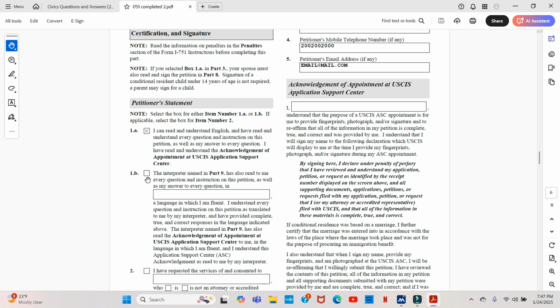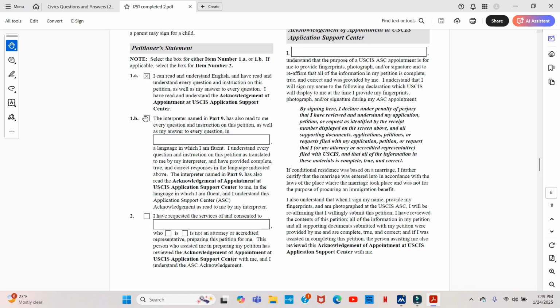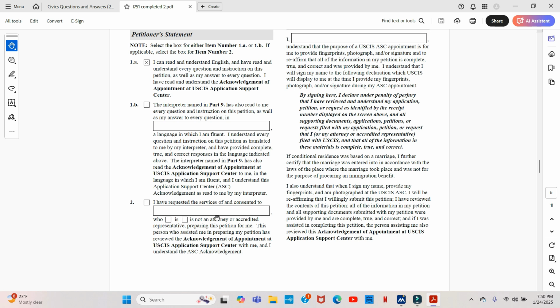If you used an interpreter, you select 1B. Check 1B if you used an interpreter, the language that you speak or your primary language would go into the box. If you used a preparer, you would check this box and write the preparer's name with a black ink pen after printing the form.